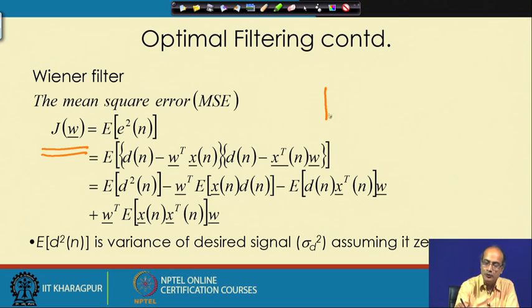Otherwise, we would have to take the mod of e n square, if e n is a complex signal. But here things are simple, we are dealing with a real signal, so we are happy to take just e n square, and we take the expected value of it.